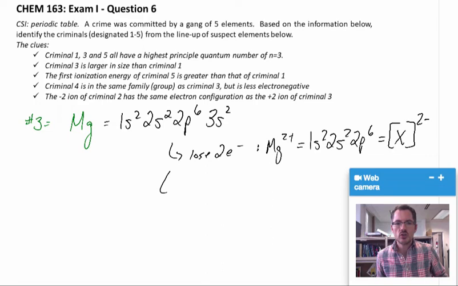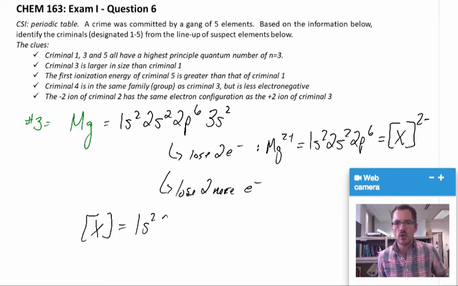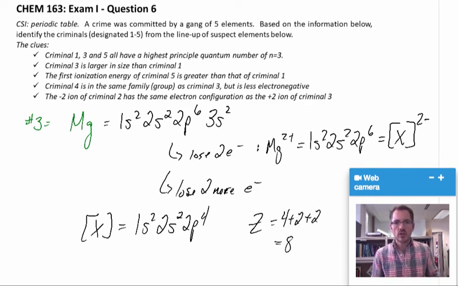So if I lose 2 more electrons, then my neutral element X will have an electron configuration of 1s2, 2s2, 2p4, which gives an atomic number of 2 plus 2 plus 4, which is 8. So we're looking for an atomic number of 8, which happens to be oxygen.